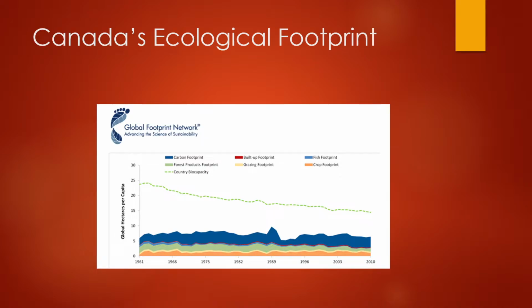These 10 nations contribute more than 60% of Earth's total biocapacity. Canada harbors 4% of the planet's total biocapacity, as shown in the next slide. As a note, the reason the green dashed line shown here is decreasing is mainly driven by Canada's population size. As the population increases, the capacity to support everyone decreases.